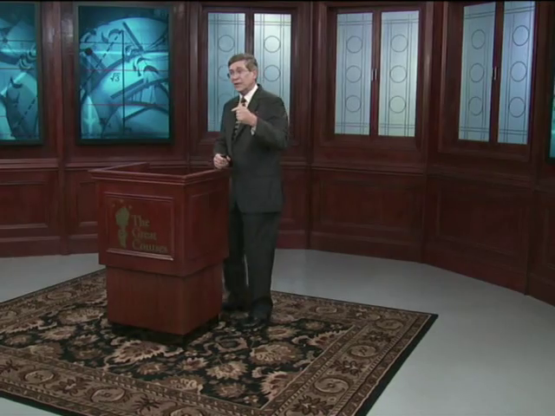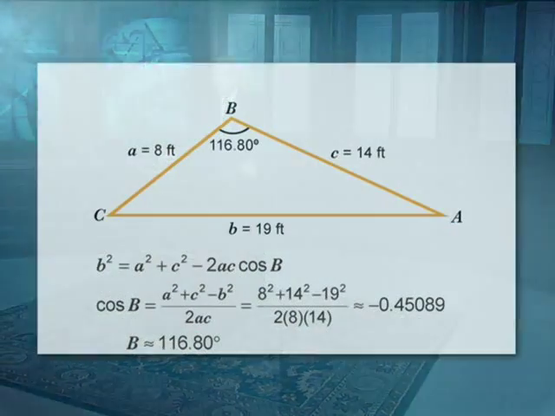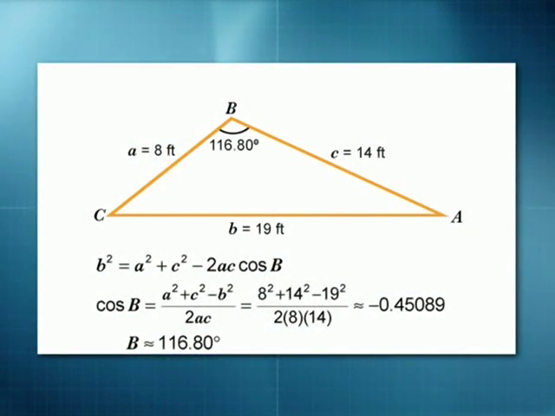So this angle is actually obtuse. It's bigger than 90 degrees, and of course, less than 180. So by using our calculator, we can do the inverse cosine function and discover that B is approximately 116.80, and notice indeed it's an obtuse angle because the cosine was negative there.